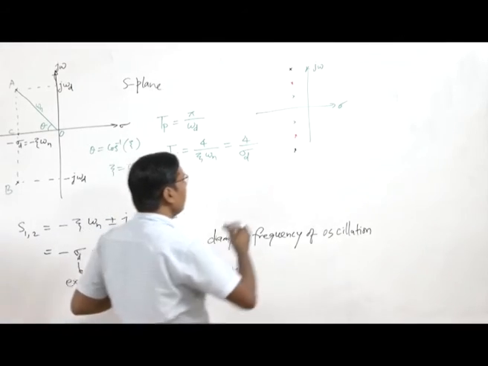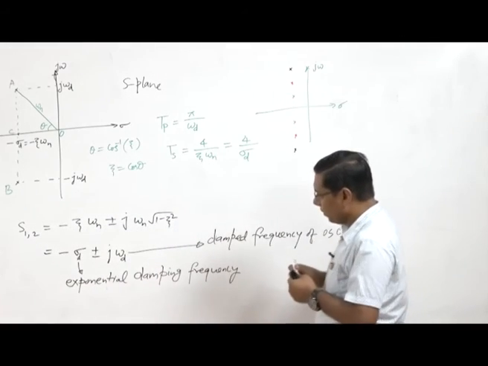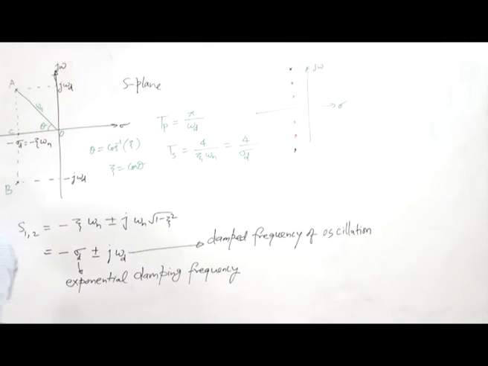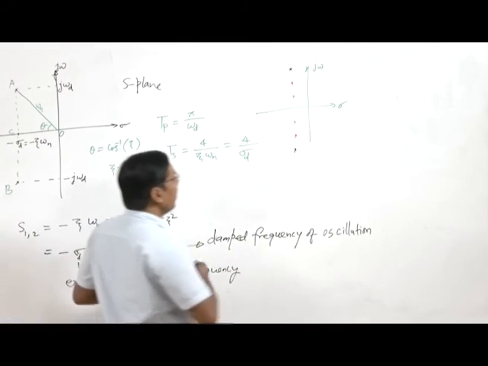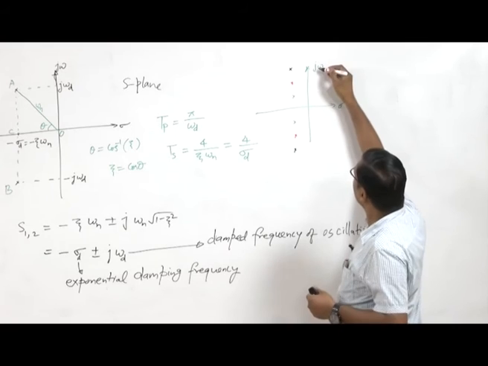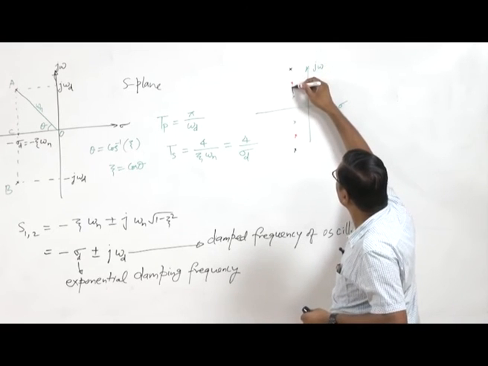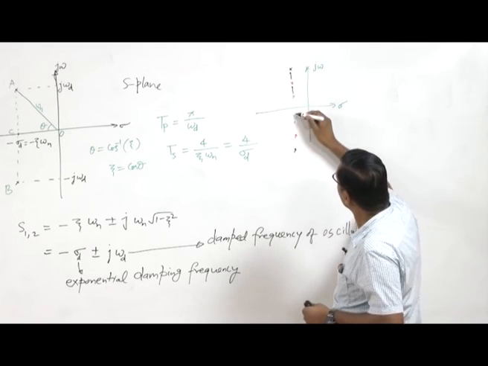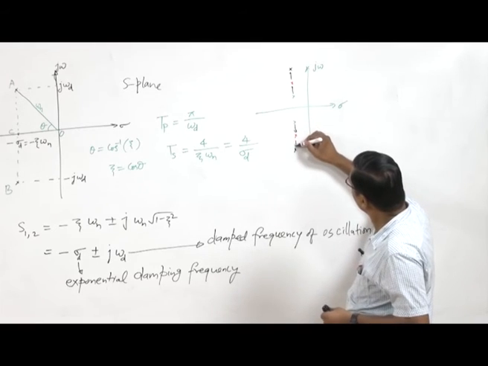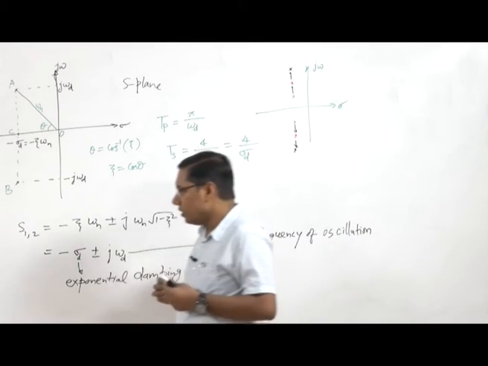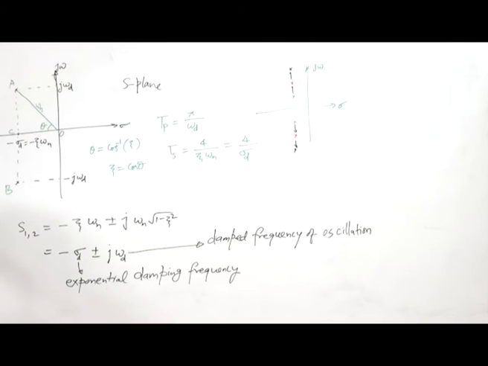If these poles start moving in a vertical direction or parallel to the imaginary axis, what will be the response of the system?